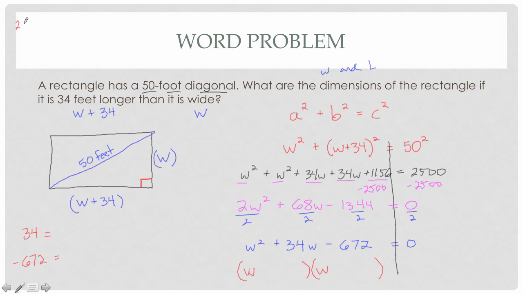I'm going to divide it by 2 and list out my factors. So 2 times 336. Let's do 672 divided by 3. That's 3 times 224. 672 divided by 4, 4 times 168. I know these are all factors, but I'm trying to find 2 with a difference of 34.